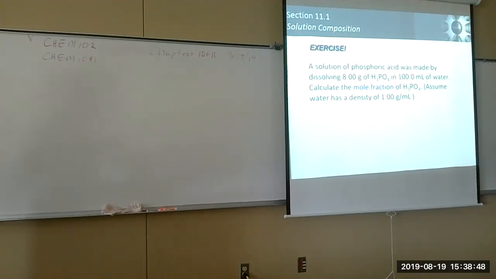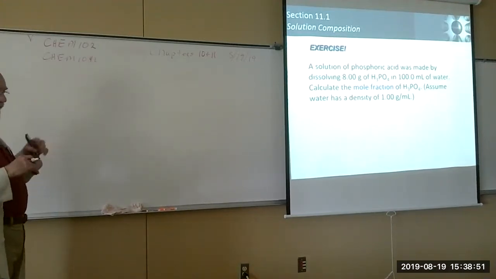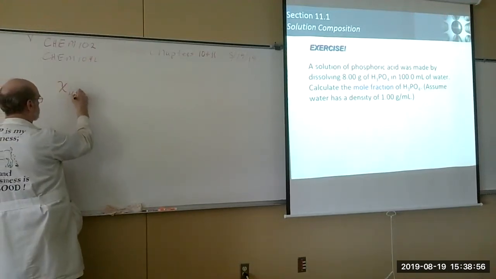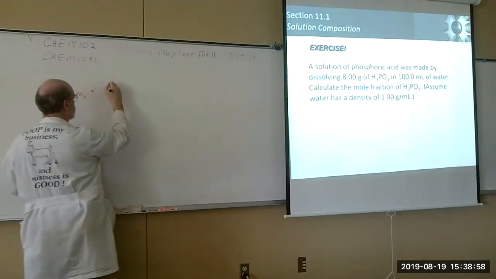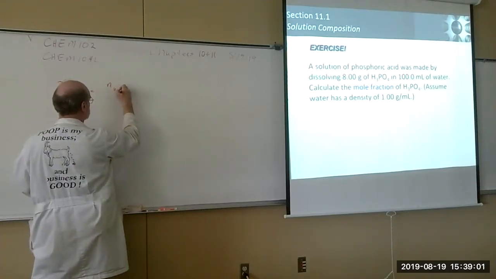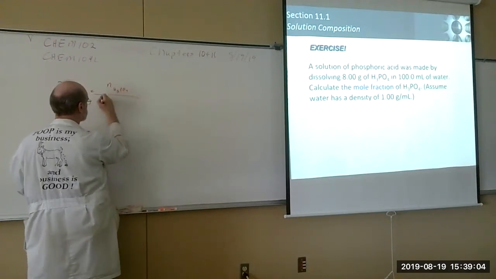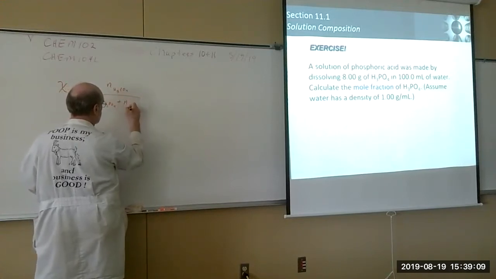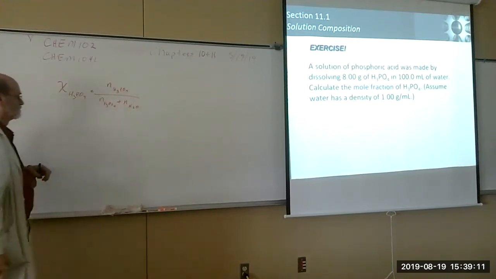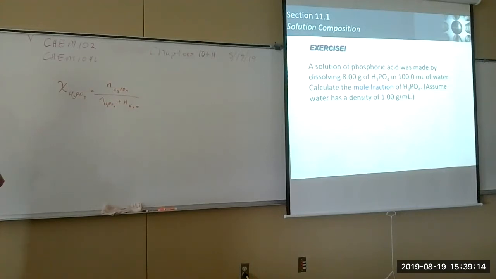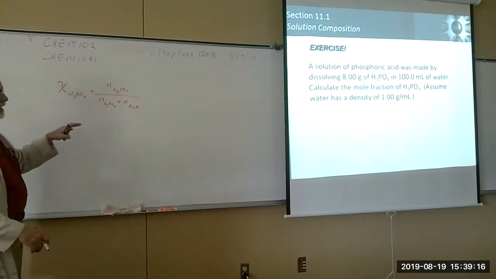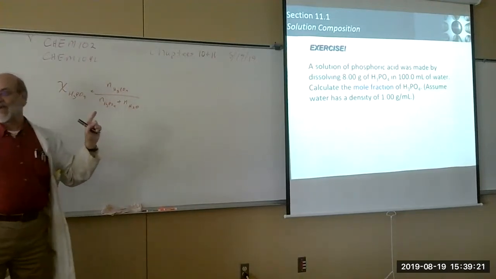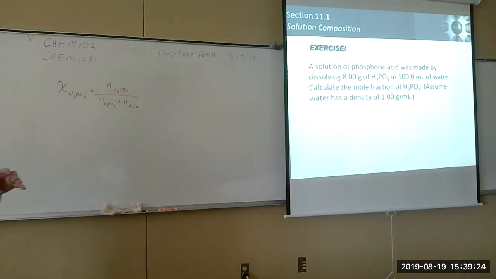This is complicated, looks like, but if we go back to our definition, mole fraction of phosphoric acid, we need to know the moles of phosphoric acid. Then we need to know the moles of phosphoric acid plus the moles of water. So 8 over 8 plus 100. No, mole fraction. That's mass. We got to convert it to moles, right?